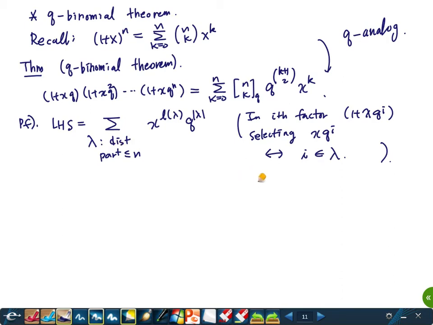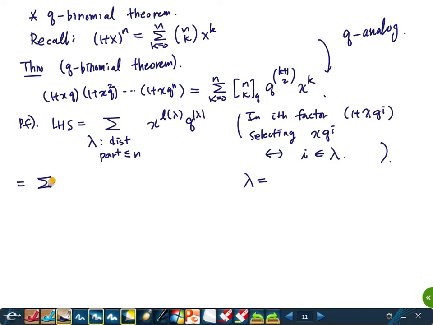So when we have this, the number of parts is, let's say, k. Let me rewrite this. What is the maximum number of parts here? n, because each part must be less than or equal to n, but you can get that only by selecting these.